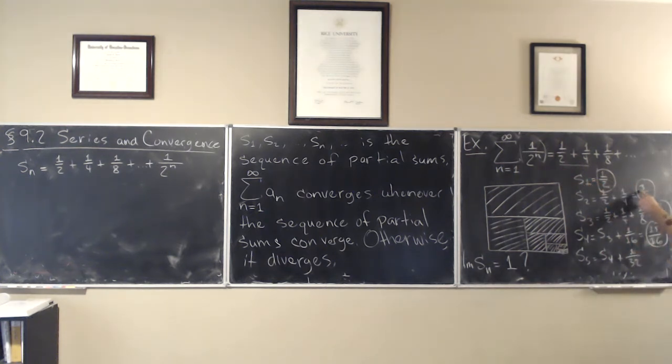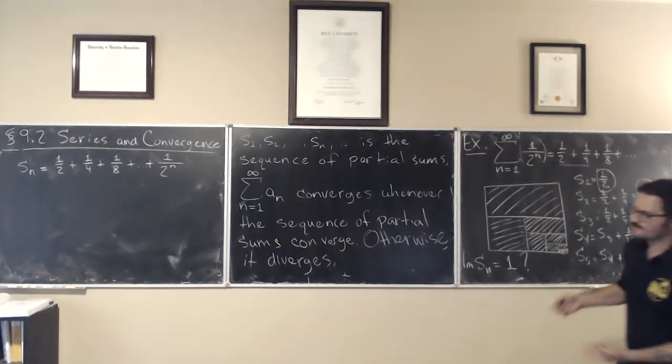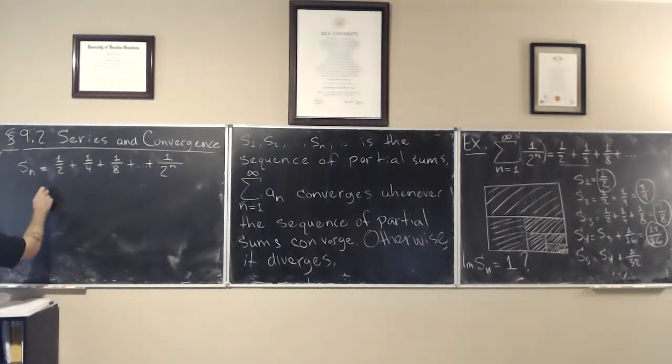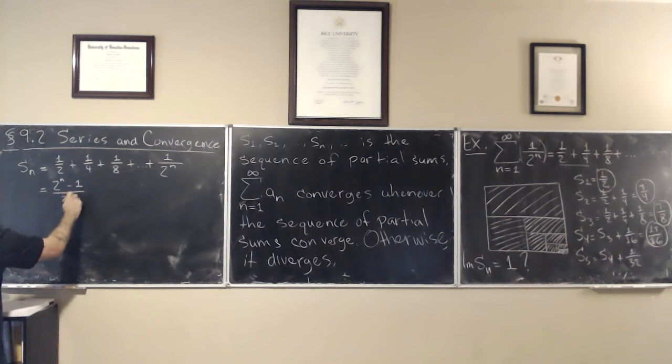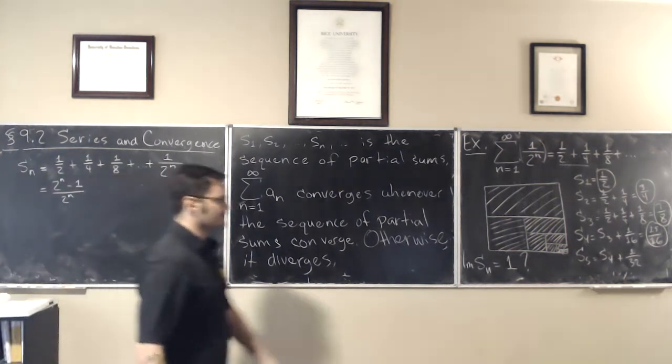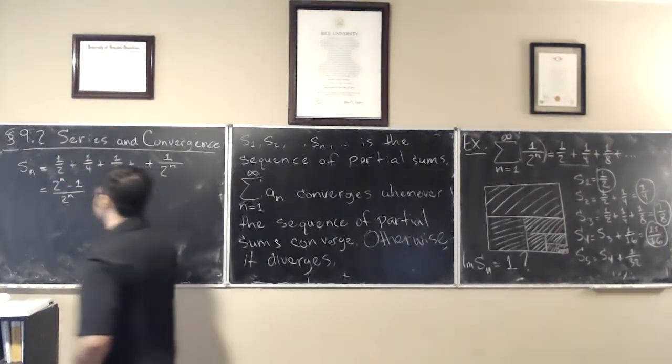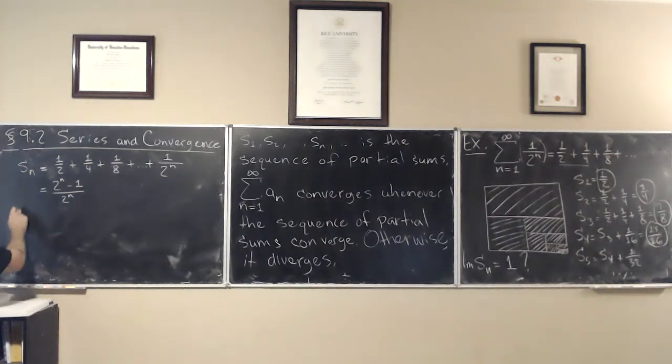What's in the numerator? 1 less than the denominator. You notice the pattern. So this would be (2 to the power n minus 1) over 2 to the power n. This gives me our sequence. So then we just need to find out, what does this go to, if anything?